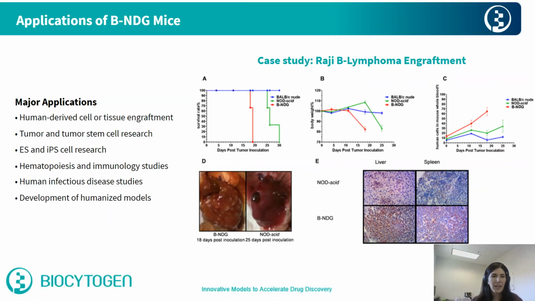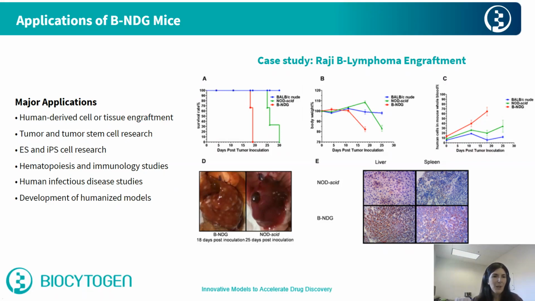So there are several applications that these mice can be used for when engrafted with human cells. These include tumor and tumor stem cell research, which I will focus on today, as well as research involving embryonic stem cell and iPS cell engraftment, differentiation, or functional potential.